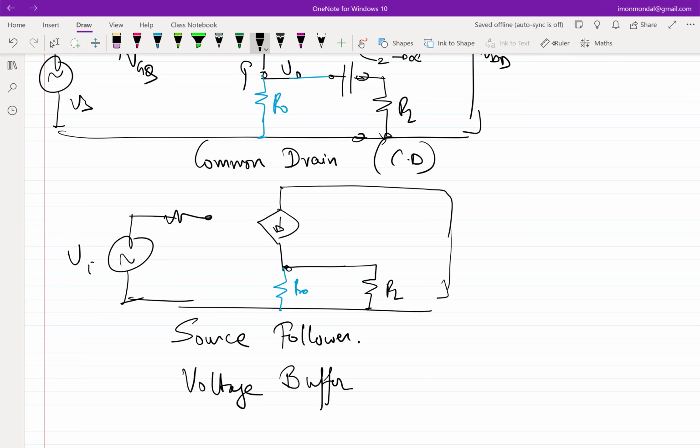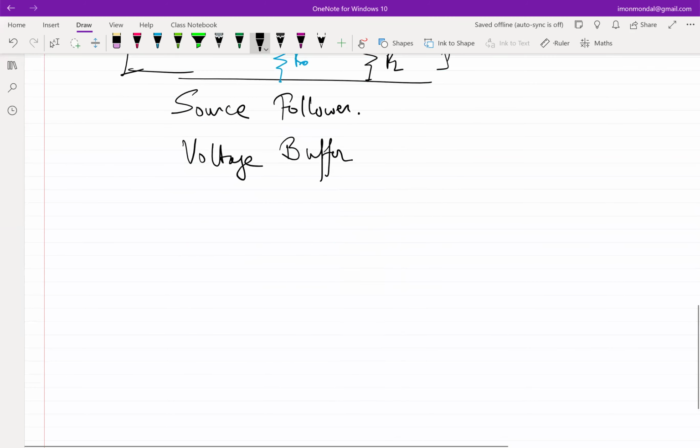Okay. So if there are no questions, let's investigate this particular architecture from a slightly different perspective. I'm not drawing the incremental model, but in the next part of the discussion, I'll assume that we are talking about the incremental model, even though I have drawn a transistor, right?